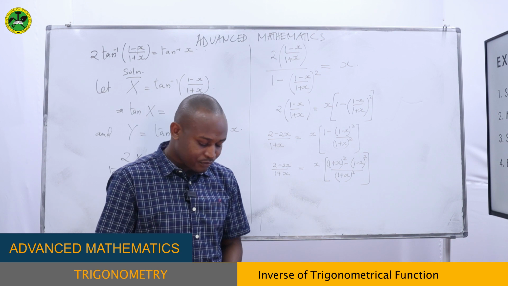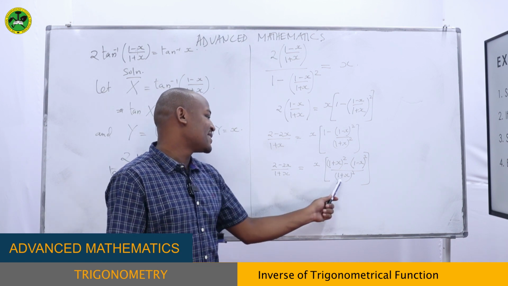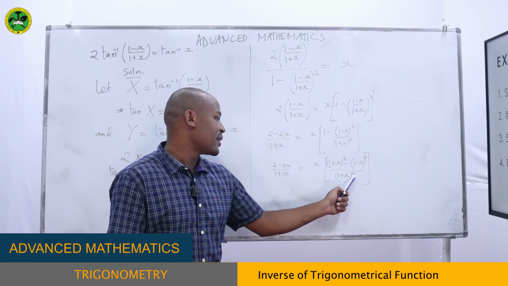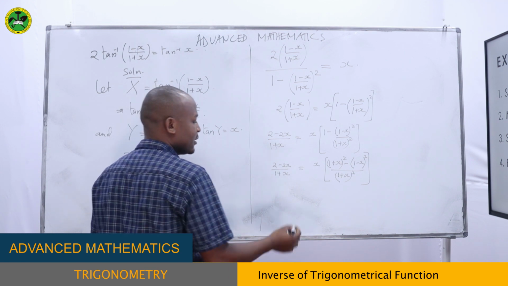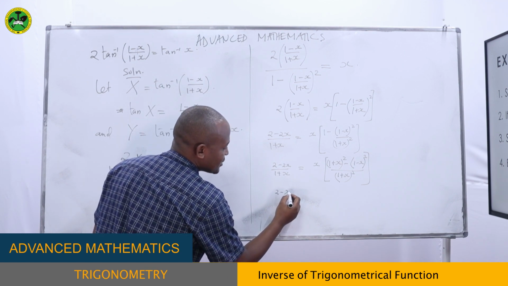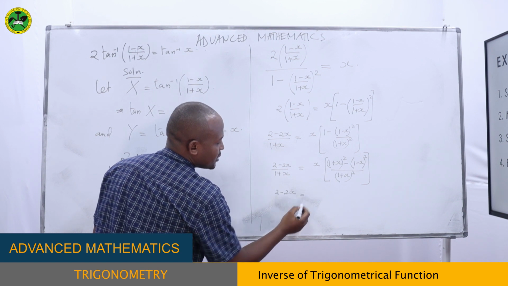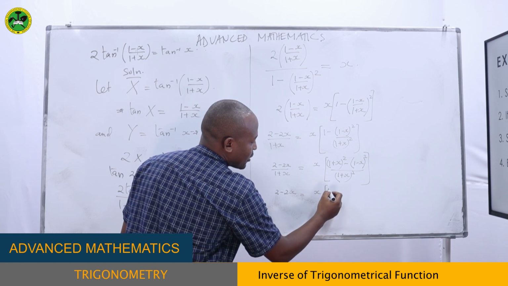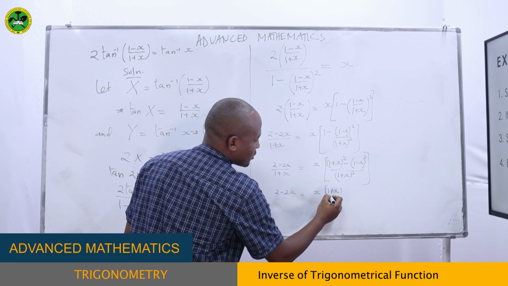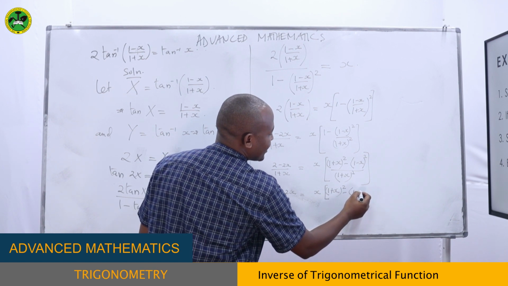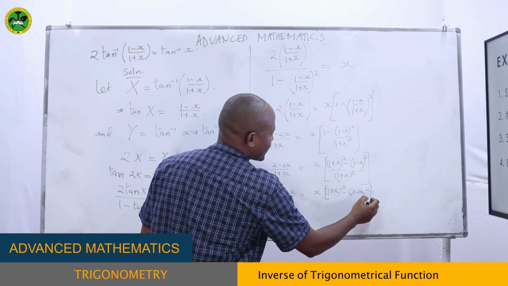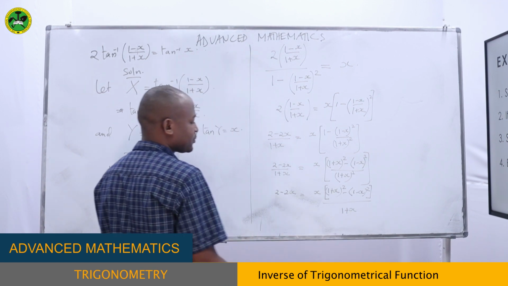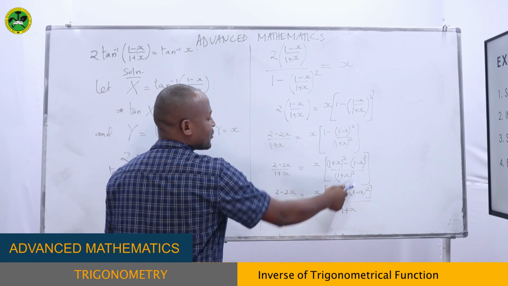As you can see there, this factor just repeats itself here. That means we can simplify this by taking this to that. That is to say, we're going to be left with 2 − 2x is equal to x times ((1 + x) squared minus (1 − x) squared), but all of this is over 1 + x. The 1 + x from there goes.